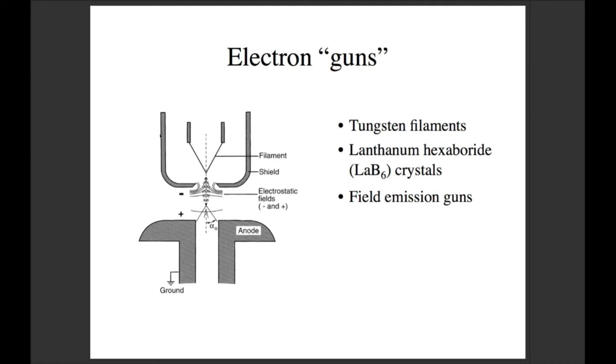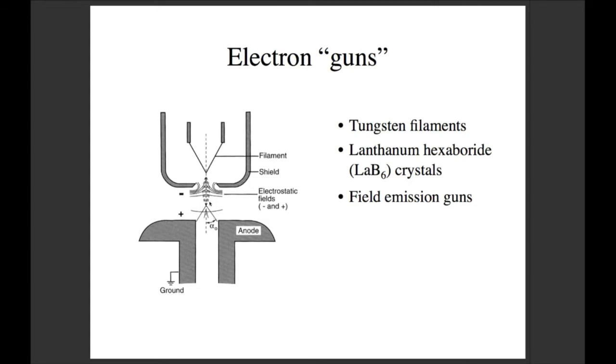First is what's called a Wehnelt cup, or shield, Wehnelt cylinder. It's a little bit more negative than the electrons inside the filament, so it helps pull the electrons off the tip of your filament. And it also helps focus the beams that get sprayed out of the gun tip.